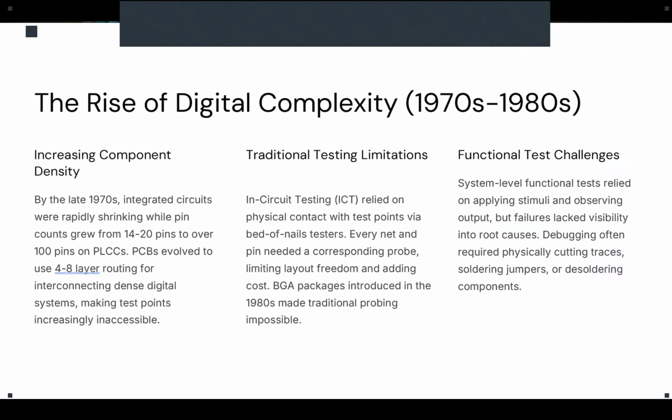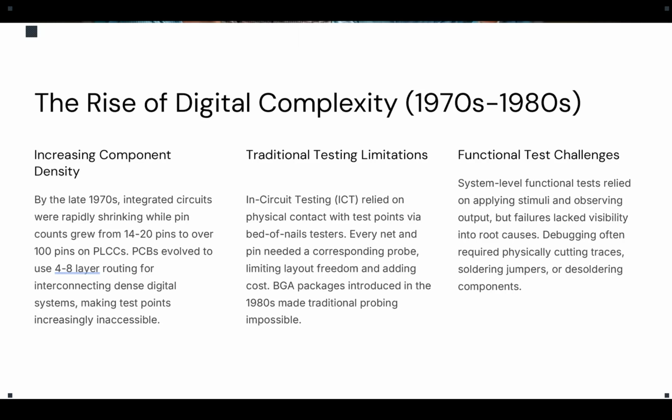Now, let's start with the context. Basically, from the 1970s and 1980s, those decades, digital logic systems started evolving and getting more complex, and that evolvement was very rapid.